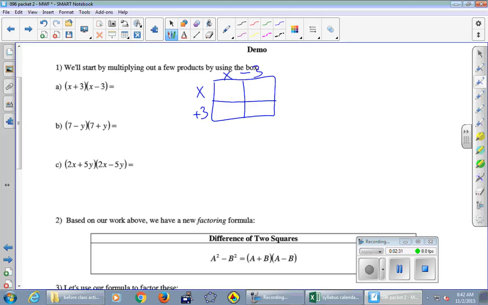So go ahead and make a 2 by 2 box right there. And then fill in the 4 areas of those little rectangles inside the bigger box. Make sure you multiply the right things together.